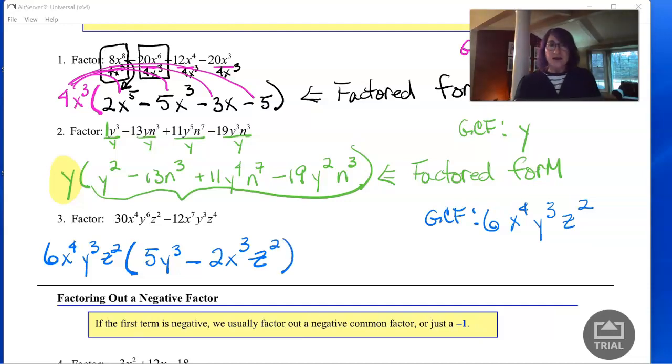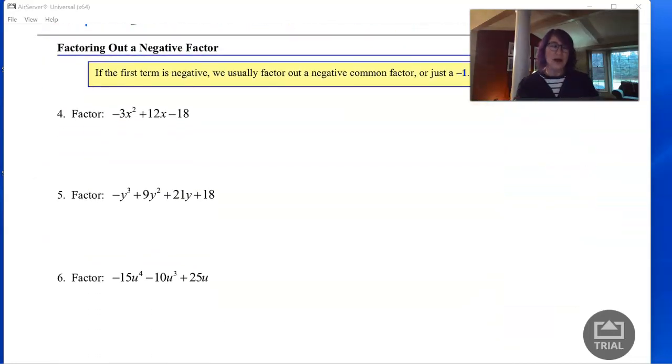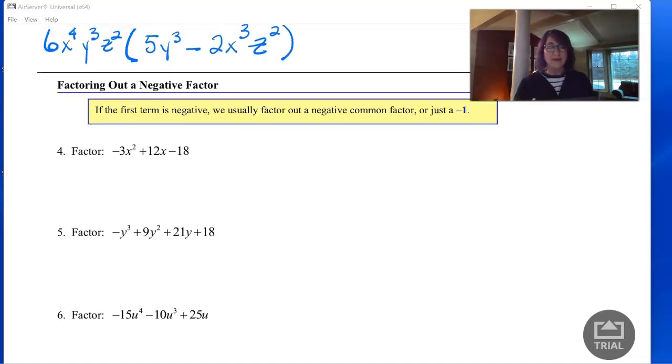All right, now let's move forward and look at what happens when our leading coefficient is negative. When the first term is negative, then we factor out a negative GCF.